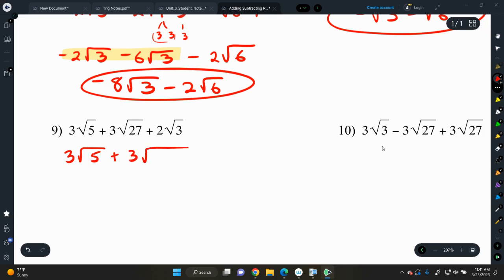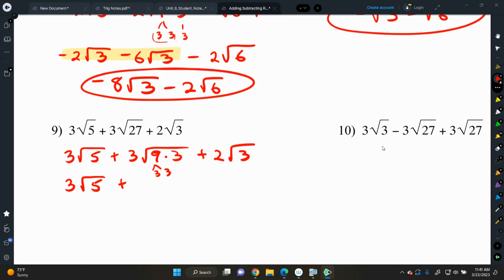Timmy, number 9. Okay, so we'll change the 27 to a 9 times 3. Okay, let's keep going. Okay. Good. So then we have a 9 outside and a 3 inside.